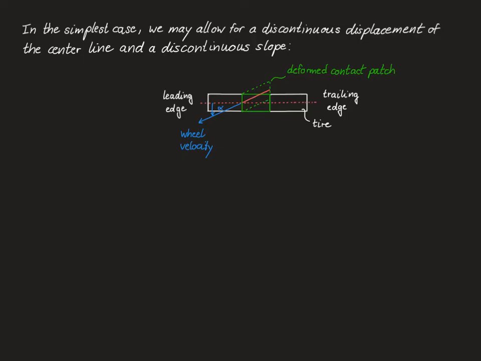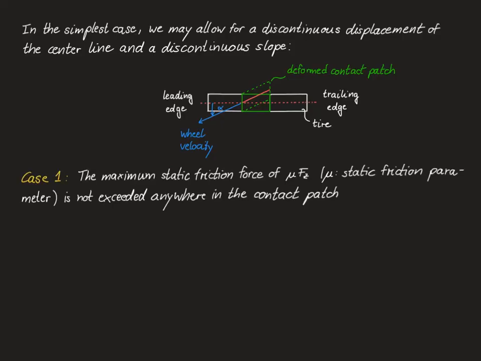So if you want to make this model more realistic, you may want to ask for the displaced center line to be continuous, and also the slope of this displaced center line to be continuous. However, we continue with our assumptions of a discontinuous displacement and discontinuous slope, and we'll now look at two cases.